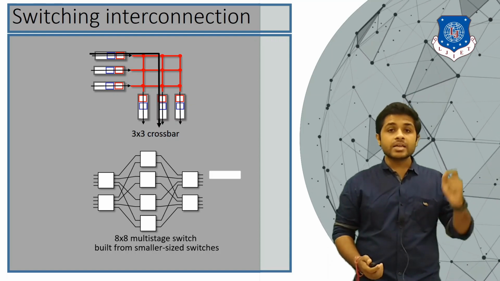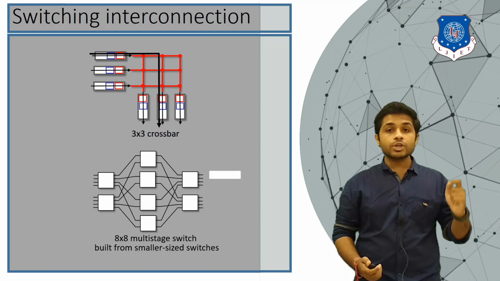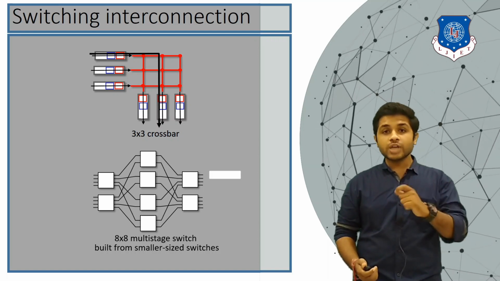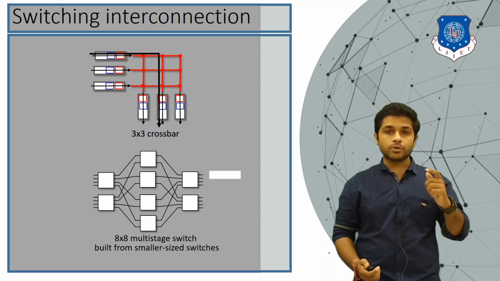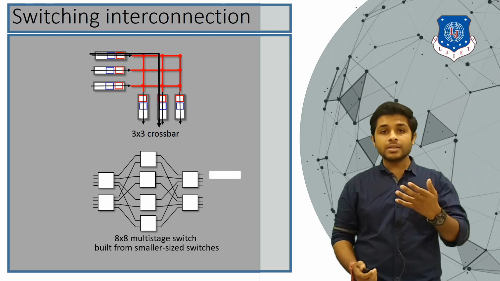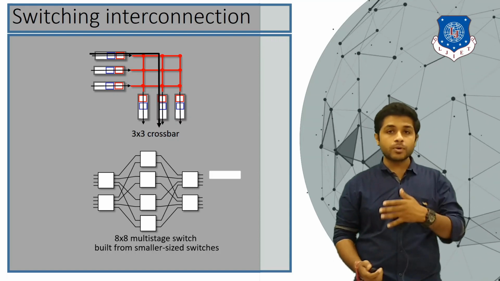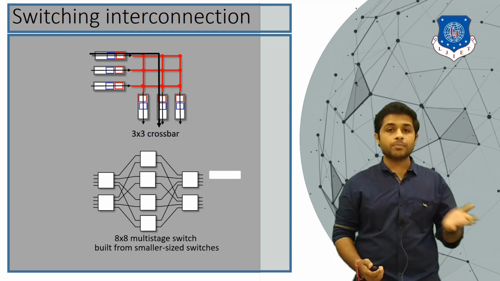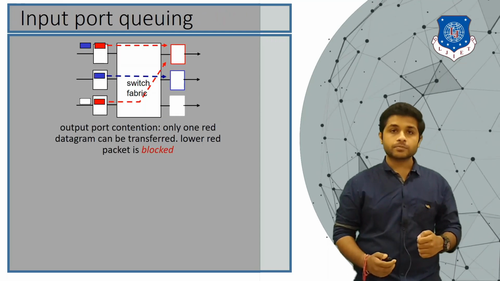You can see that each input port is connected to all output ports, and that is true for output port 2 as well. Each output port is connected to all the input ports. So the packets will select the proper path from the input port to the output port, and that way the data will be moved from the input port to the output port.